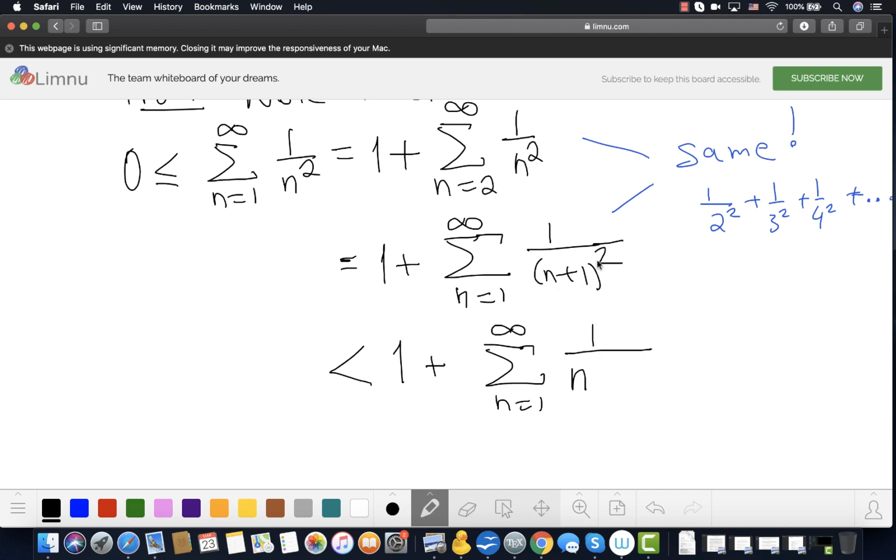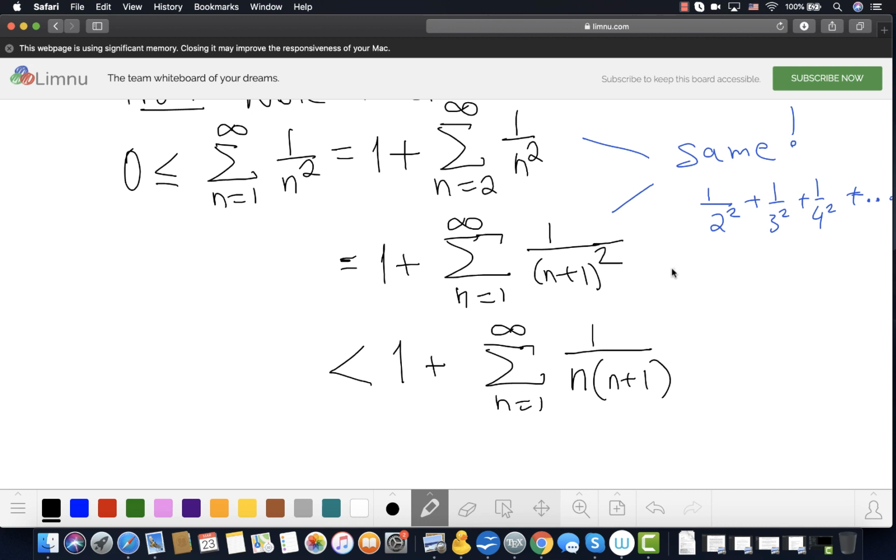Instead of writing (n plus 1) squared, I can write n times (n plus 1). This sum is bigger than this sum because this term right here is bigger. This term is bigger than this term because the denominator of this term, n times (n plus 1), is actually smaller than the denominator of (n plus 1) squared.